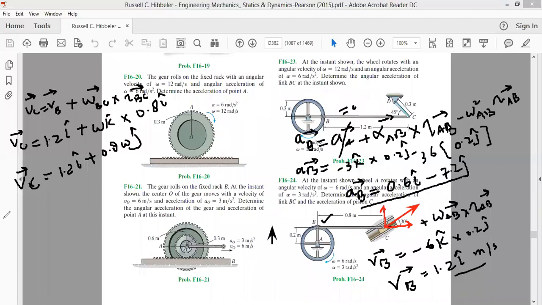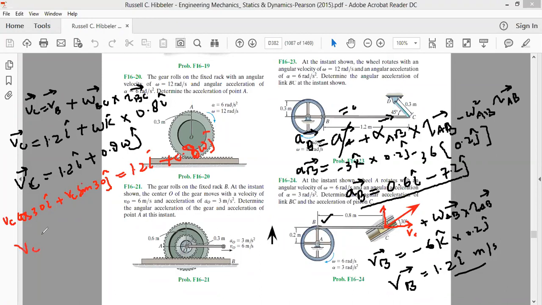So VC is VC cos 30 i cap plus VC sin 30 j cap, which equals 1.2 i cap plus 0.8 omega j cap.